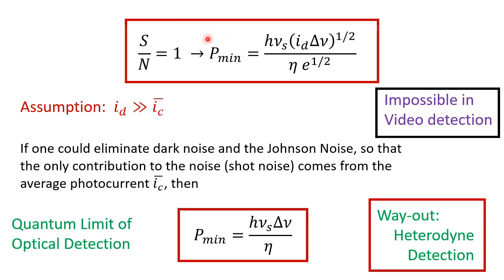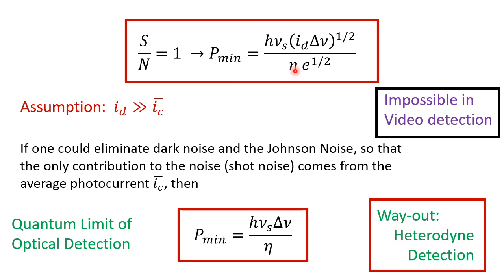So P minimum would be that limit, and you see that in the numerator you have a G square factor coming from the signal, whereas in the denominator you have the dark current that is dominating. So the signal shot noise is gone away, I ignored it, dark current is what is remaining, and if I work this out, this is the P minimum I get, right?